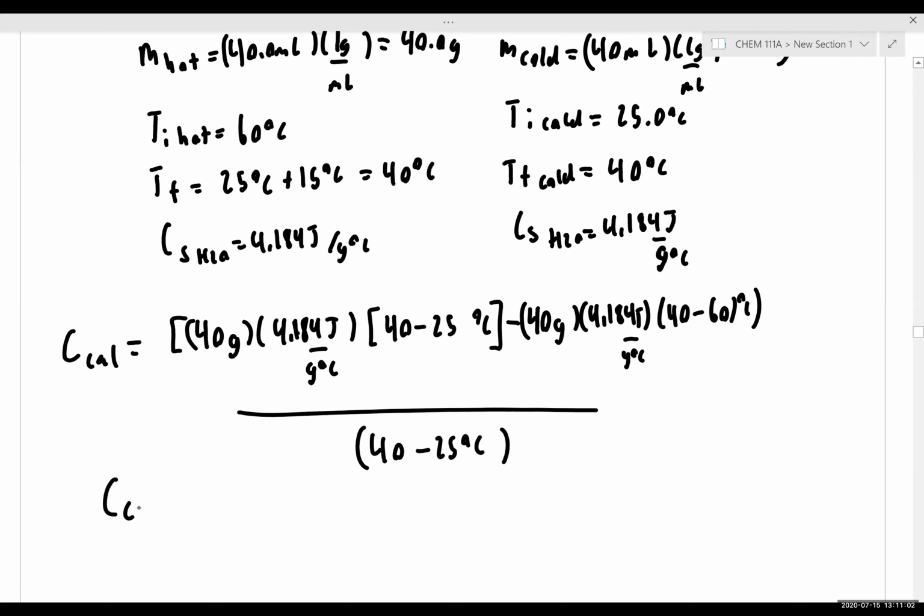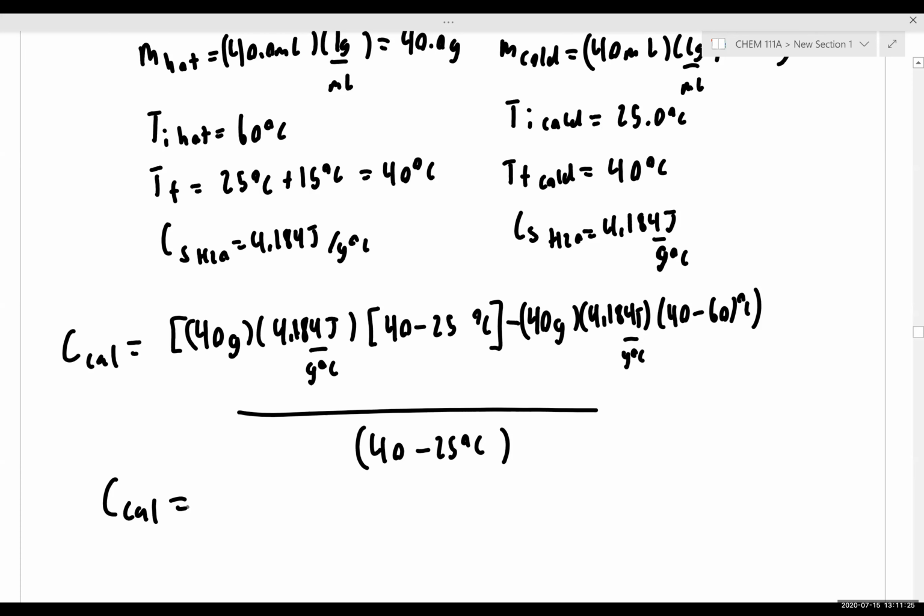So that gives us a heat capacity of our calorimeter of, so we have 40 times 4.184 times 15 minus 40 times 4.184 times negative 20.